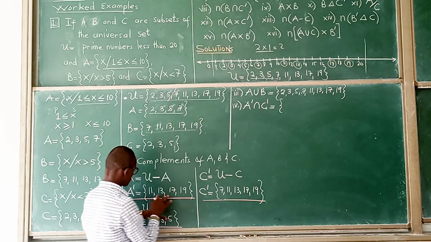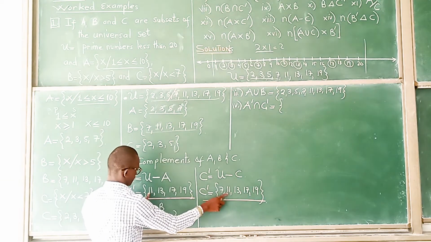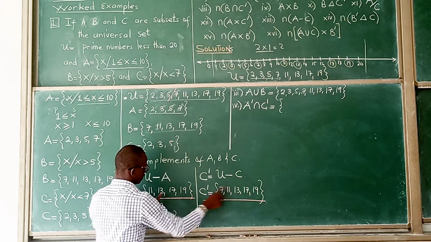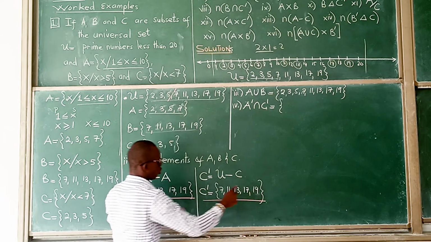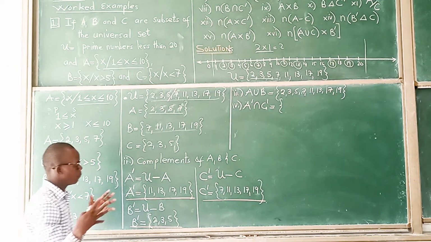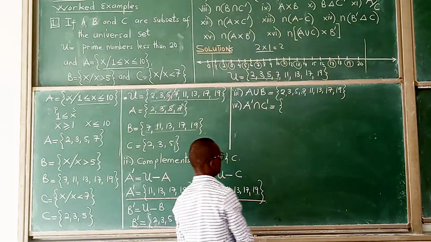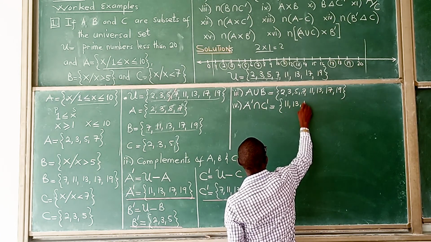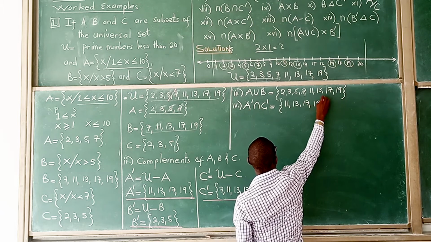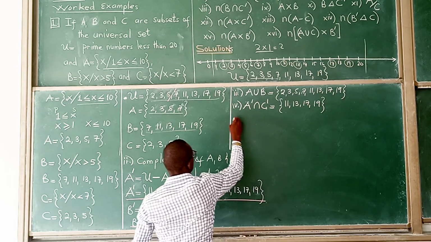We look there: we have 11, we have 11. We have 13, we have 13. We have 17, we have 17. We have 19, we have 19. So all of the elements that are within both sets are referred to as the intersection. So we have 11, 13, 17, and 19.